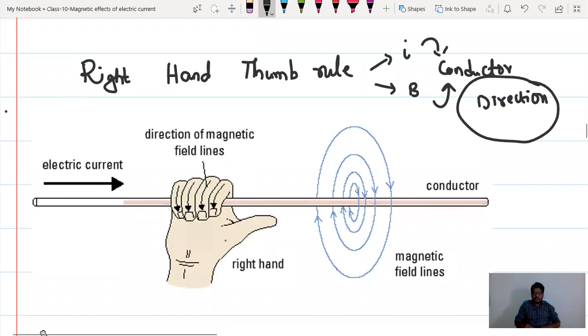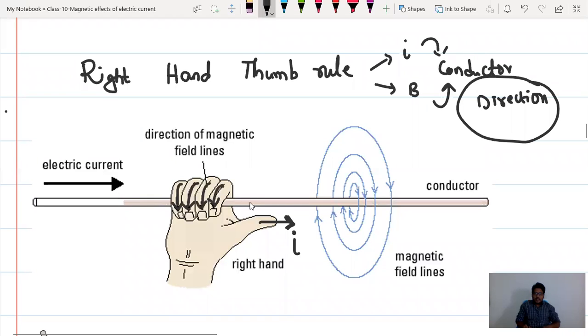Consider this is one conductor. If you use your right hand, open your thumb, and wrap all four fingers around it as if holding that conductor, then the right hand thumb direction represents the current inside the conductor, and those wrapped fingers show the direction of the magnetic field.